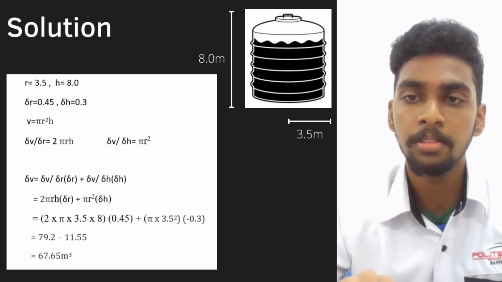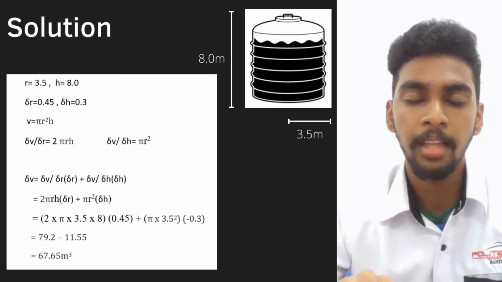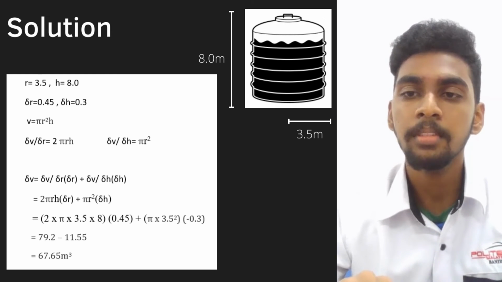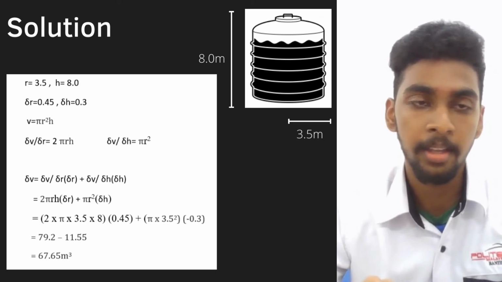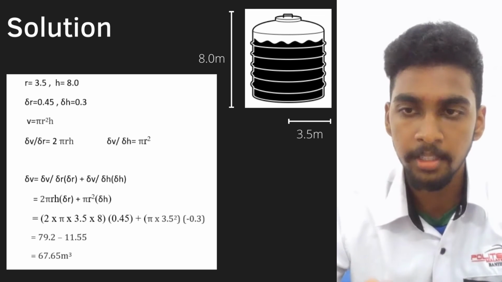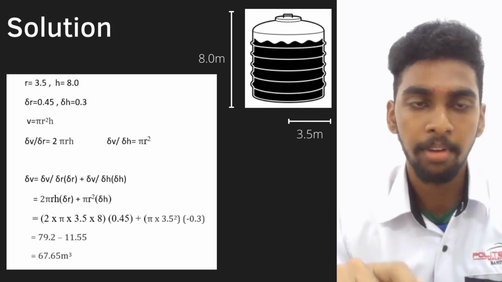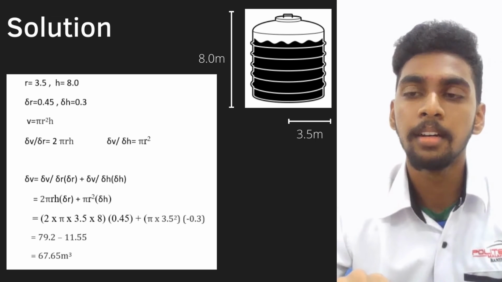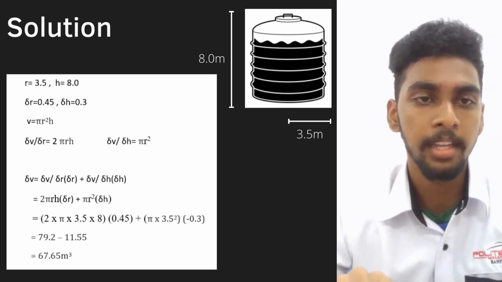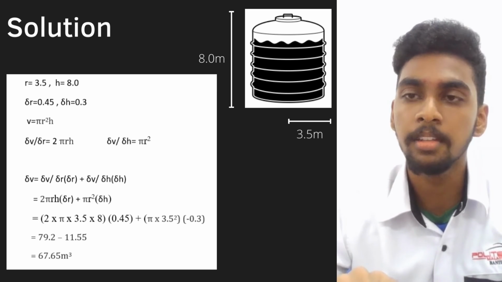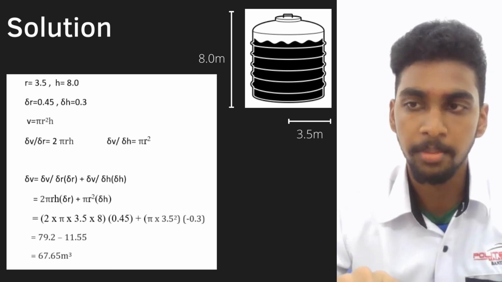So we have to substitute. Delta V equals 2 pi r h times delta R plus pi r squared times delta H, which equals 2 times pi, which we can substitute as 22 over 7, times 3.5 times 8, times 0.45, plus pi times 3.5 squared times negative 0.3, because he wants to decrease the height by 0.3 meters.